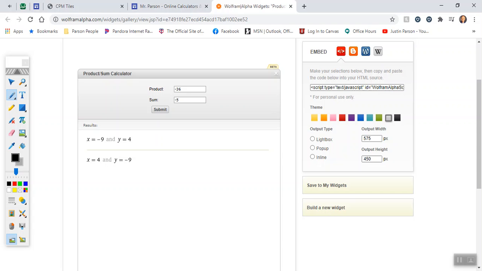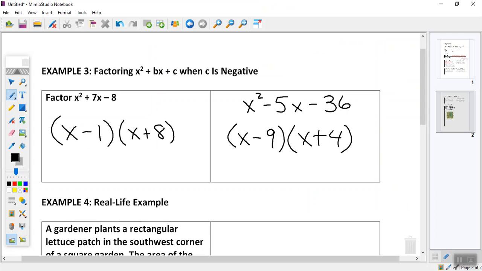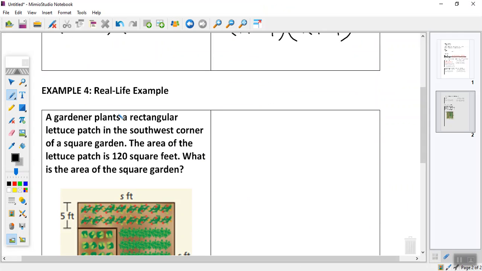How does this work? How do we make this work? Take a minute and read this example right here, okay?